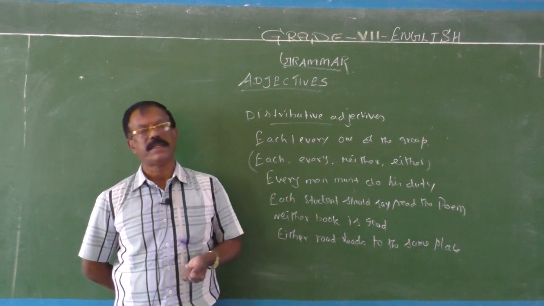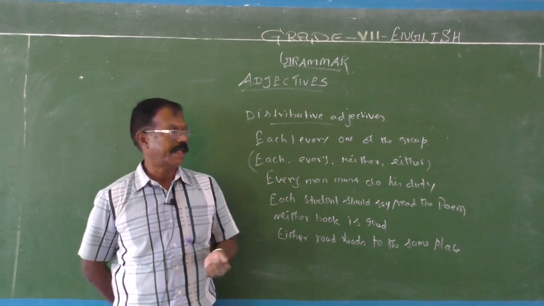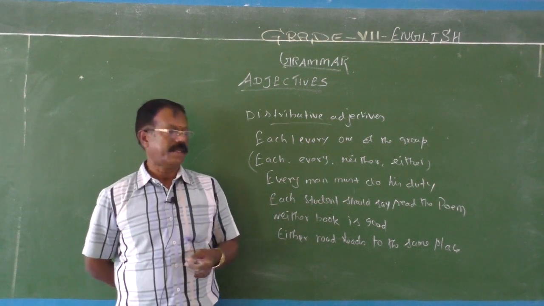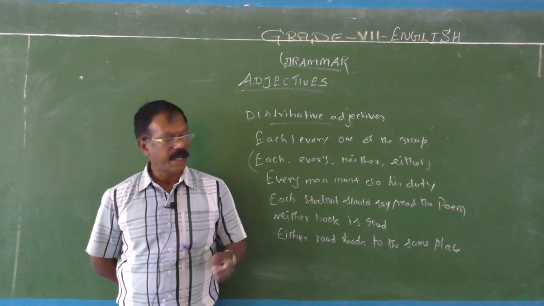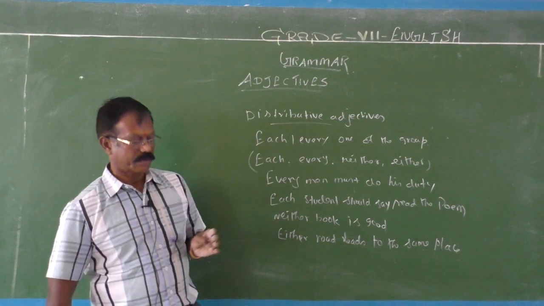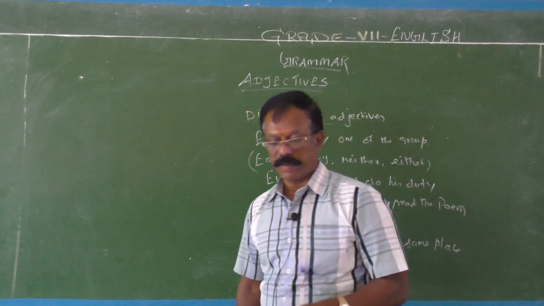Neither book is good. Here it could be this or that, but it refers to both. Either also is the same thing. Either road leads to the same place. So distributive adjectives refer to each and every one of the group.